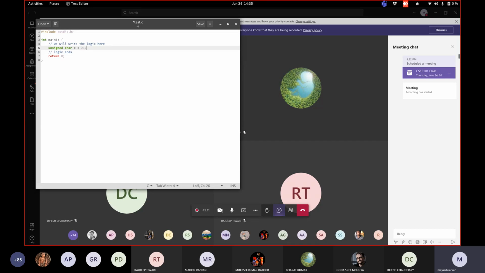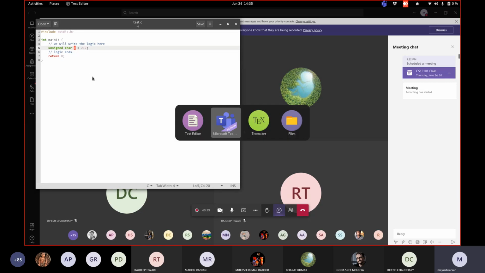So suppose I'm writing 217 here. So what am I going to do? I'm trying to store 217 in 8 bits in unsigned fashion. So eventually, this variable c will take some place in memory, within the RAM, when we execute.